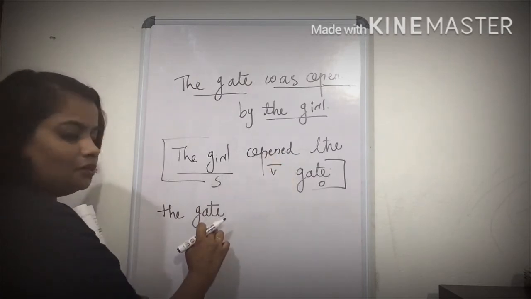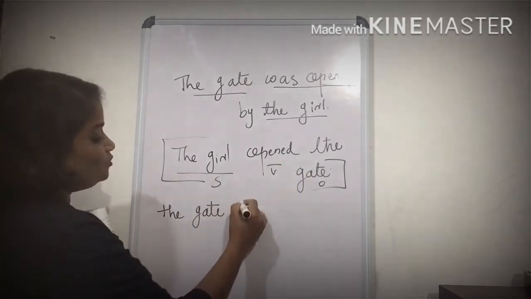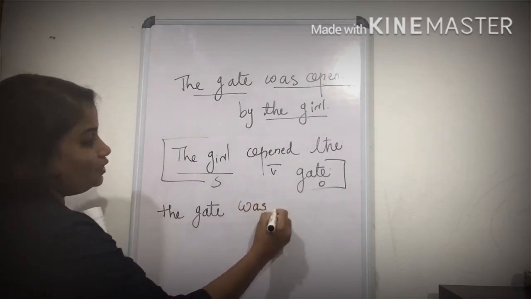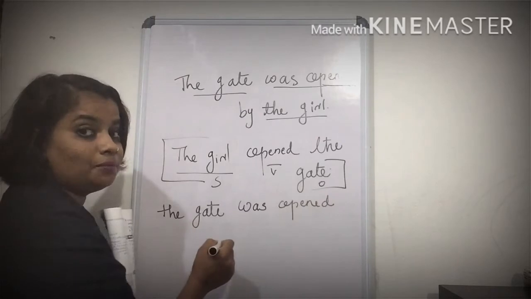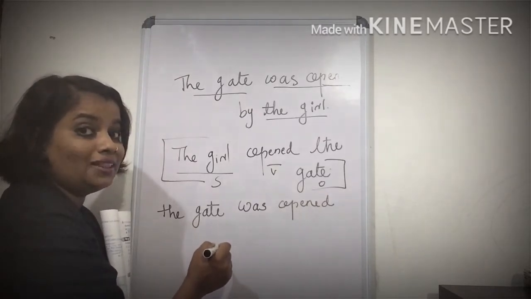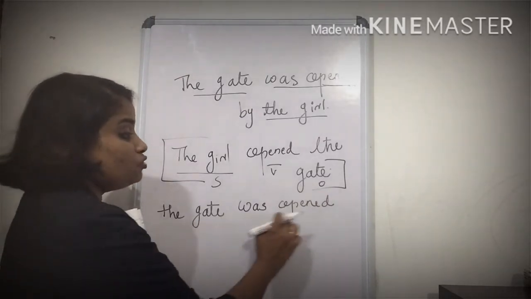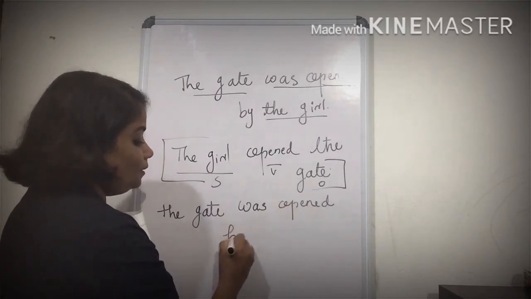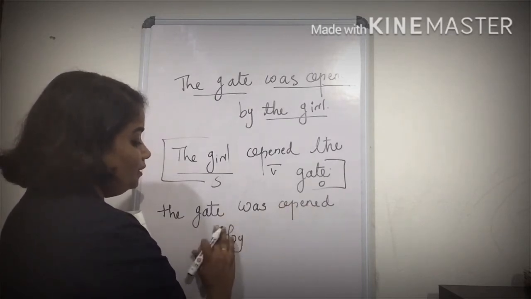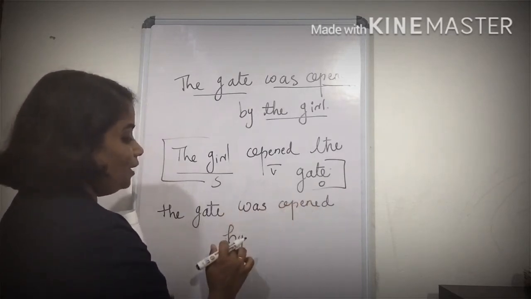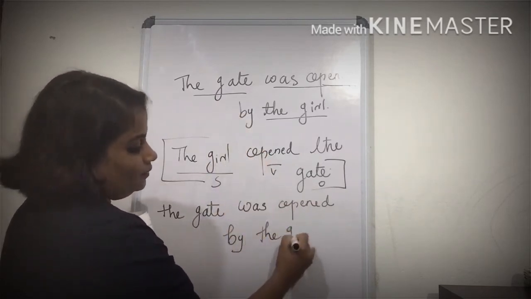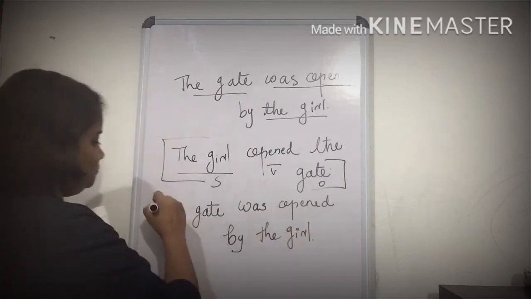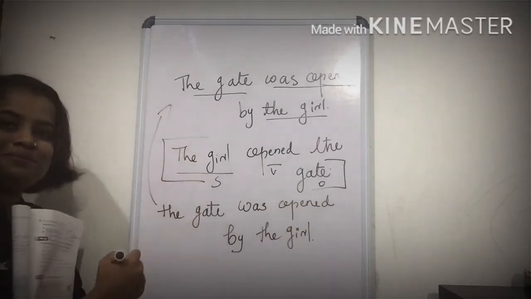The gate is singular or plural? Singular, so you have to use was. The gate was opened, past participle form of the verb, V3. The gate was opened, then by plus subject. By the girl. Yes, both are same.